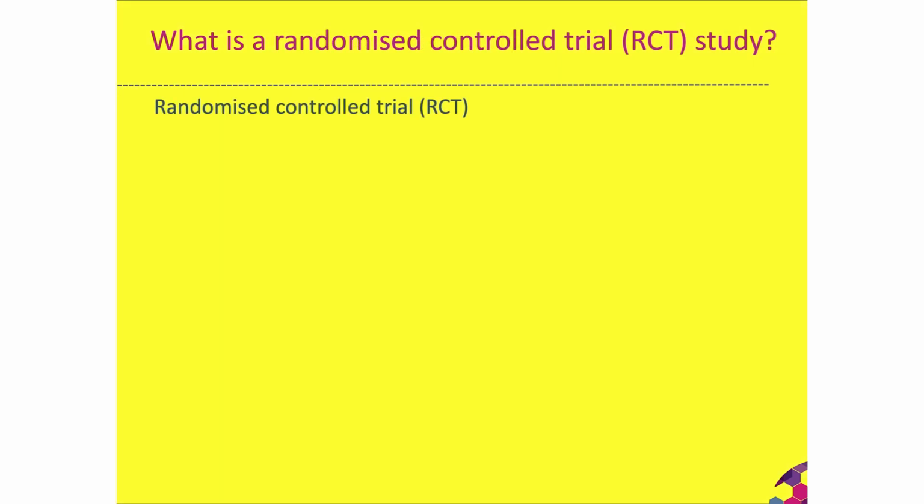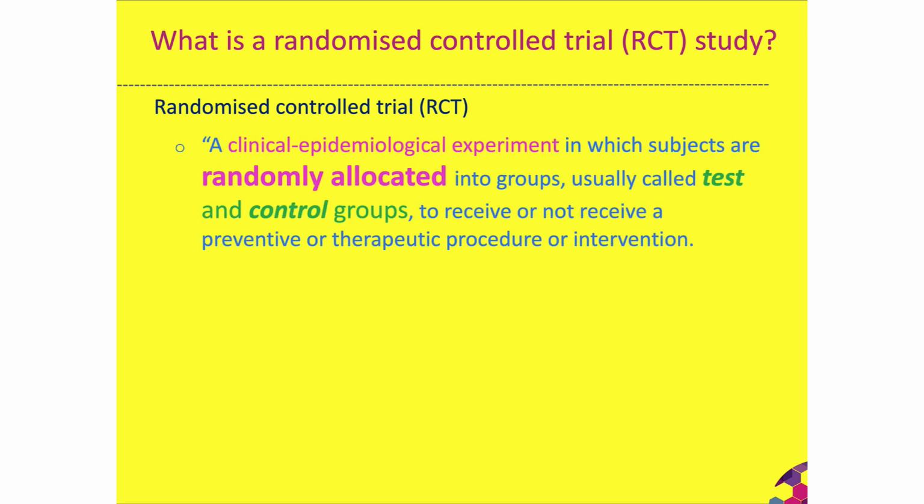So how do we define randomized controlled trials? RCTs are a clinical and epidemiological experiment in which subjects are randomly allocated, randomly divided into 2 or more groups, usually called test or intervention group or groups, and a control group or control groups, to receive or not receive a preventive or therapeutic procedure or intervention.